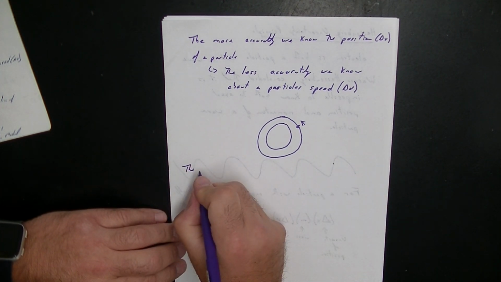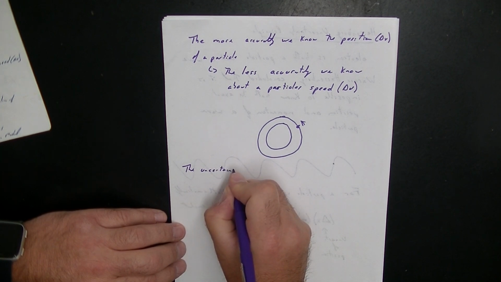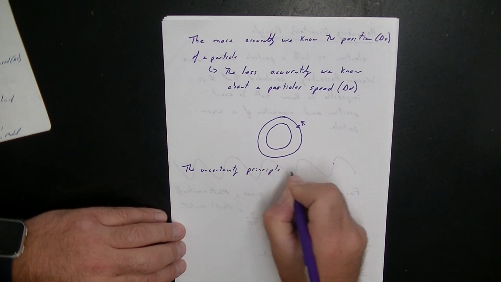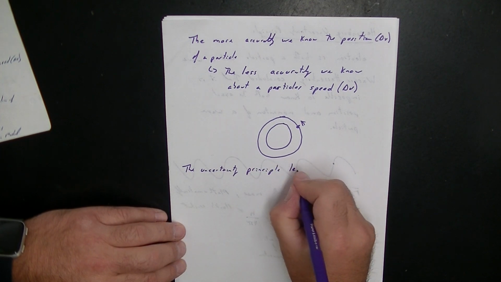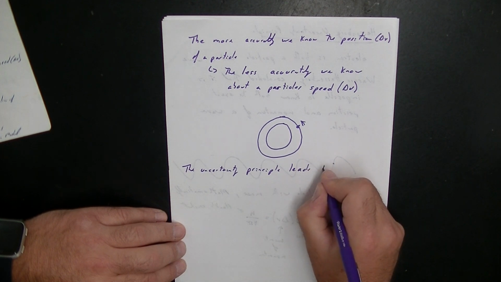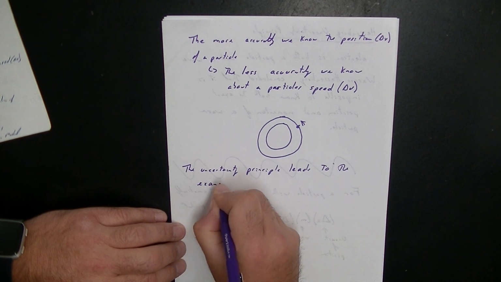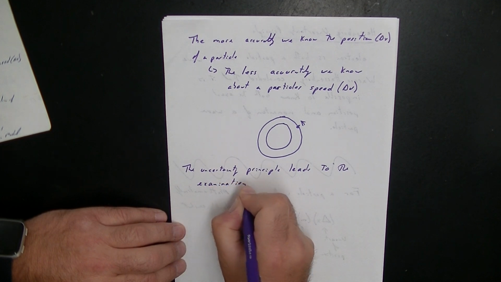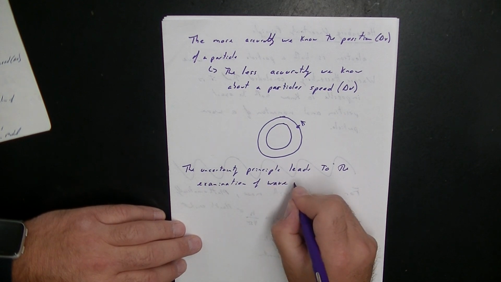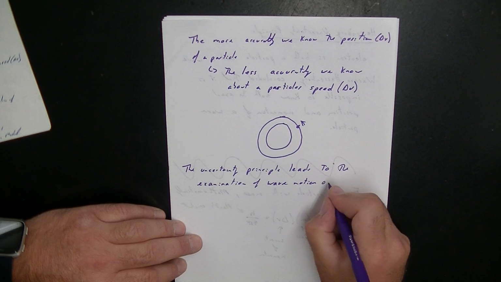So let's write this. The uncertainty principle leads to the examination of wave motion on the atomic scale.